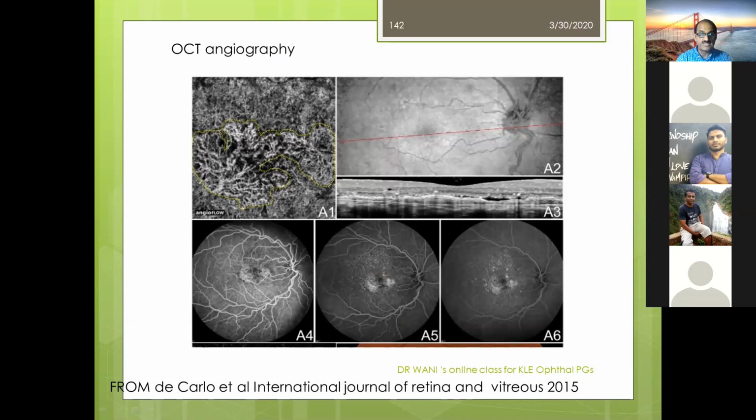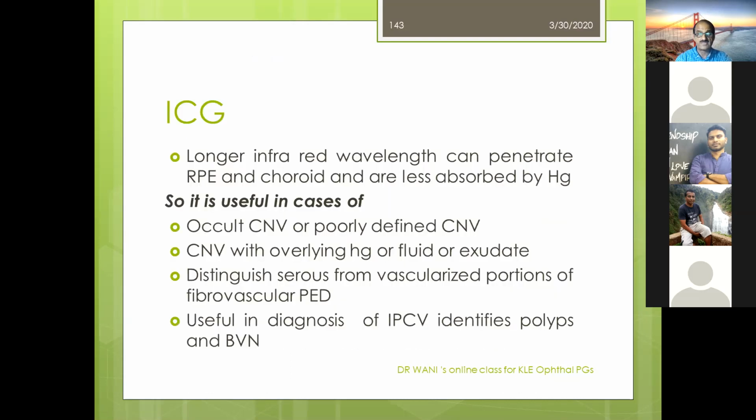Can you see this, which is marked by a yellow dot and red line? So the choroidal neovascular network is here, and this is the RPE actually. You can see that sub-RPE fluid. This is actually the OCT. And this is a fluorescein angiogram of the same lesion. You can see that there is hyperfluorescence here, but it's mainly of the occult variety. You can see that actually it's punctate hyperfluorescence.